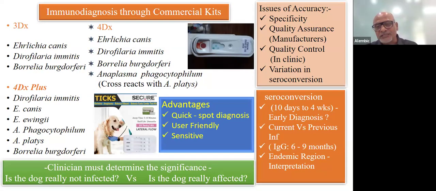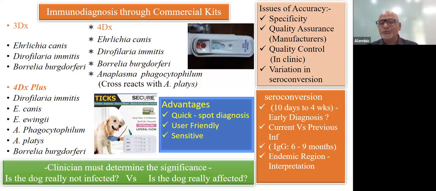So you have to catch Ehrlichia canis infection at an early stage. But if you are using these tests for detection, and if the antibodies are not formed, then obviously the results are going to be negative, and you are not going to catch the infection during the early phase. And that is a very, very serious disadvantage, because at a later stage the treatment becomes very, very difficult.